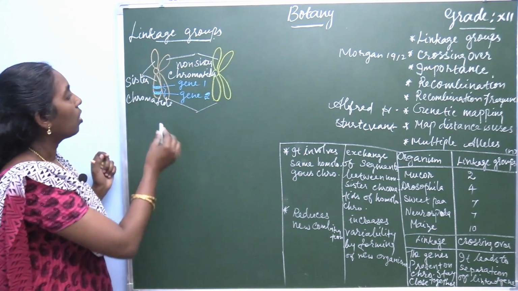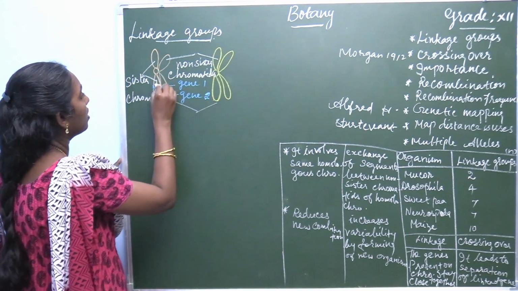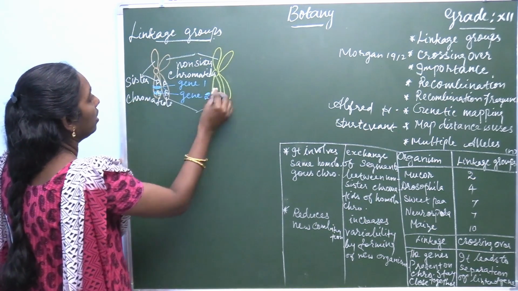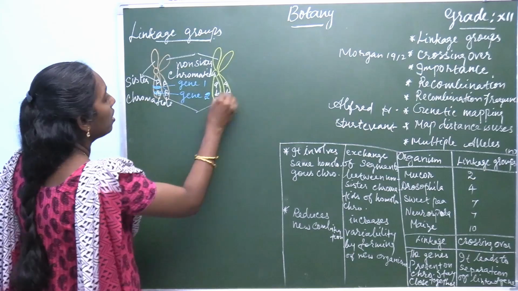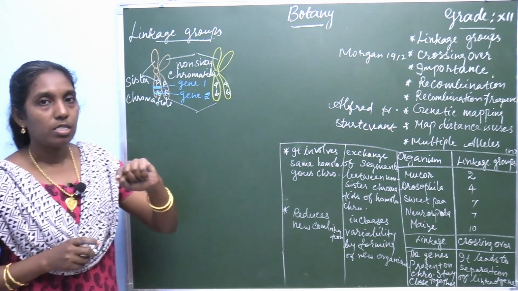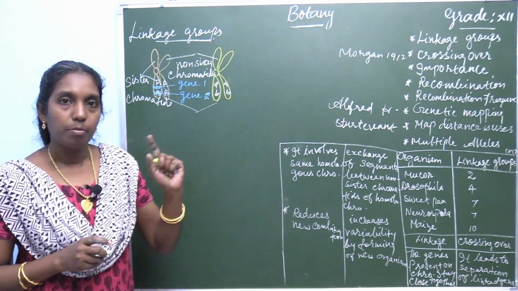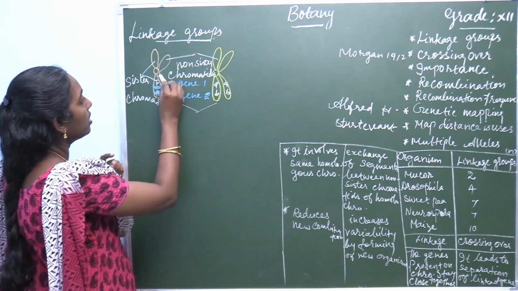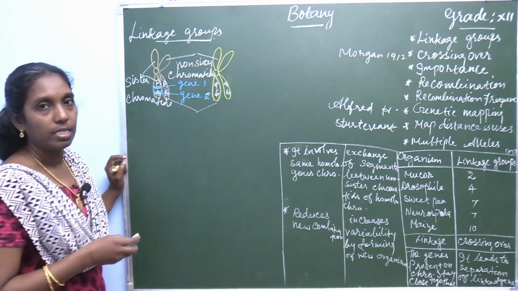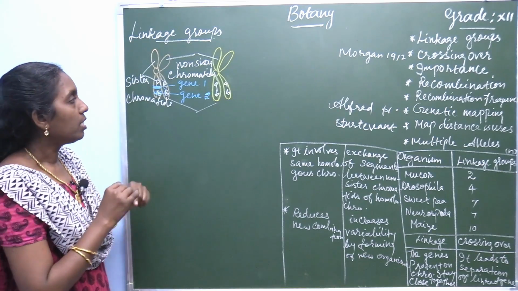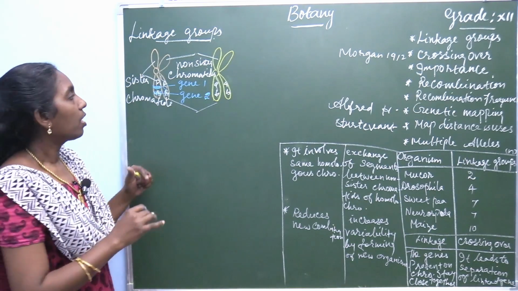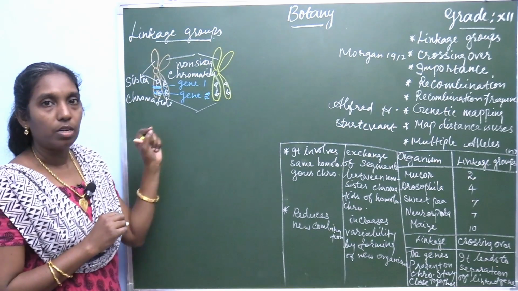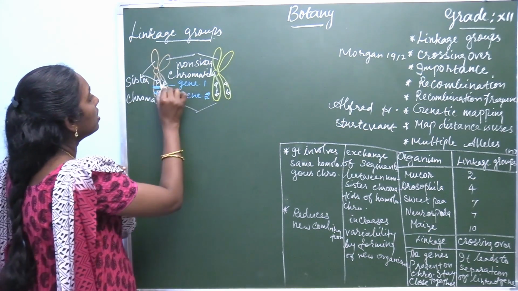The genes are located here. Here, if it is A, B, here small a, small b. Crossing over is the process by which chromosomes exchange genes. Inside the chromosome there is a DNA segment, and from this DNA sequence a number of genes are located at a particular locus.